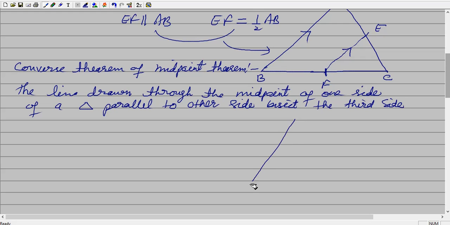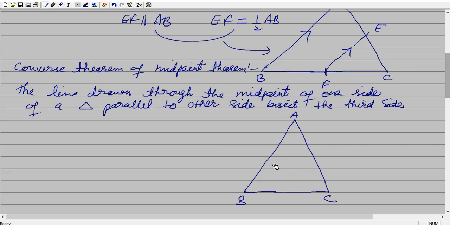Now if you follow this statement, one condition changes into the given condition and one condition changes into the proof. For example, in the first one we are saying joining of the two midpoints, then the line segment is parallel to the third side.